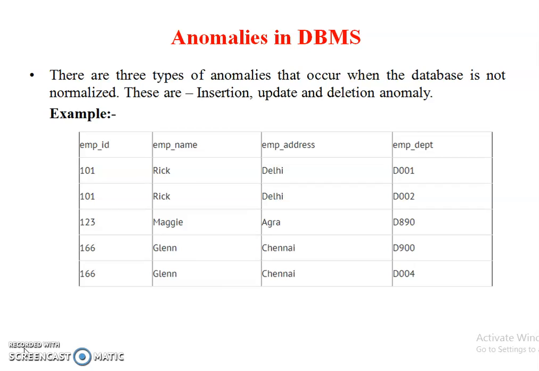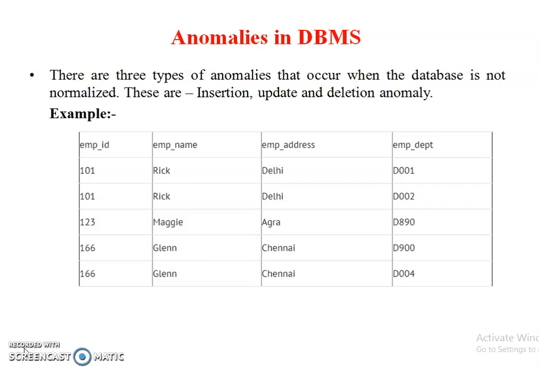Now first we discuss insertion anomaly. An insert anomaly occurs when it is not possible to insert certain attributes into the database without the availability of other attributes.